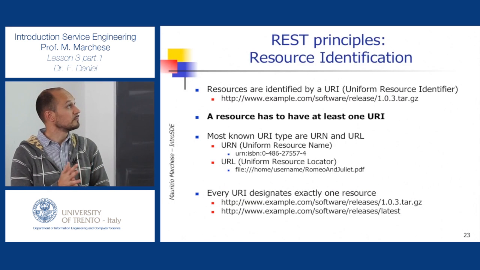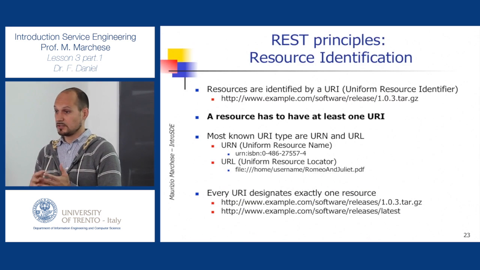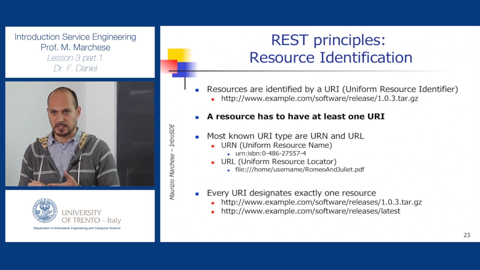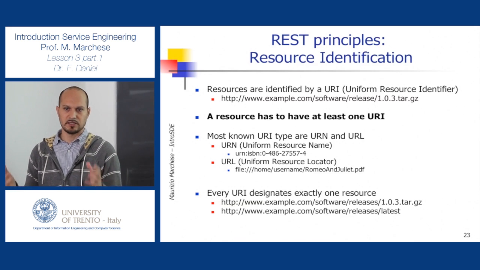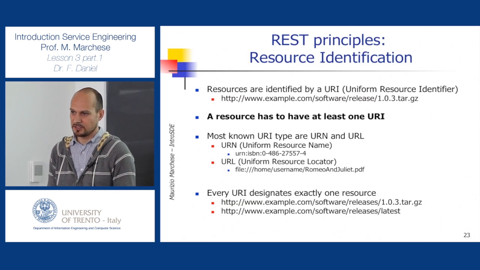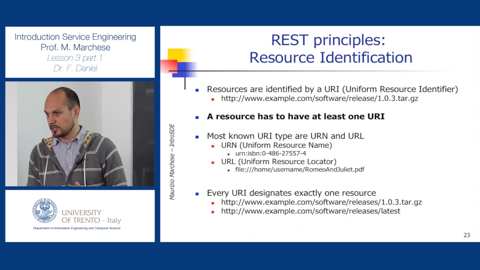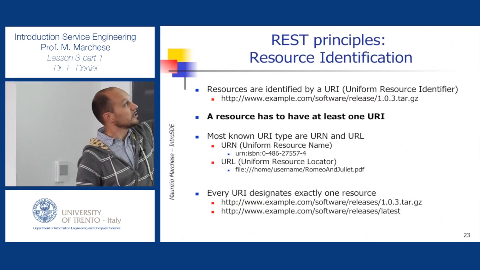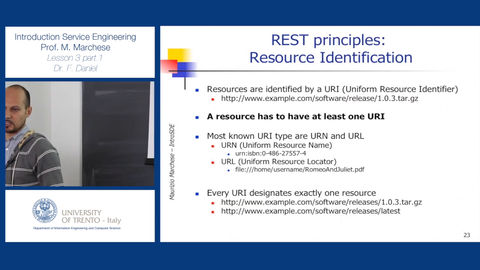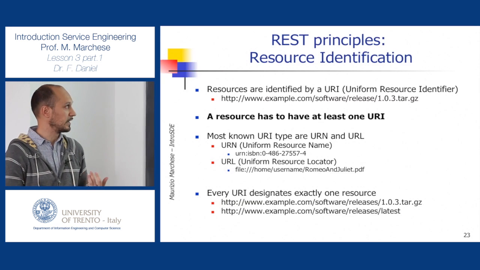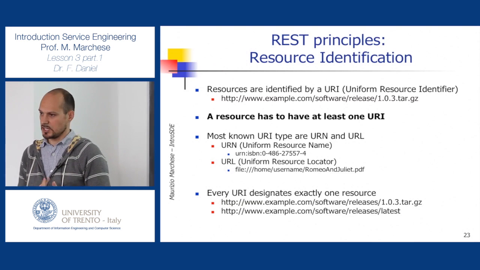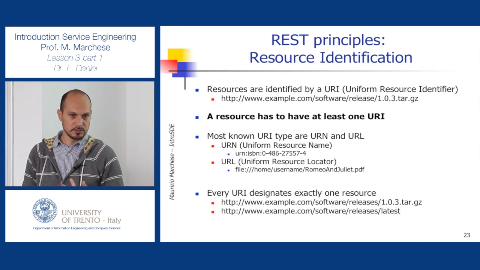Resources must have at least one uniform resource identifier. So this means simply, if you are not able to identify your resource, either it's completely useless or it's not a resource. There are 2 types of resources that are usually used, so-called URNs, uniform resource names, and URLs.